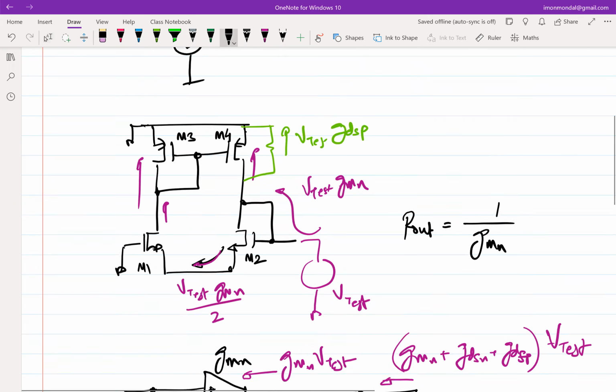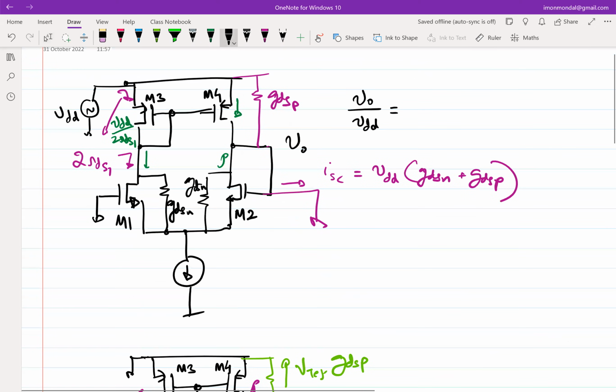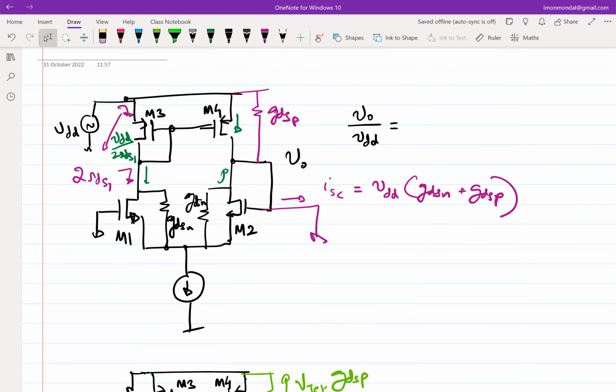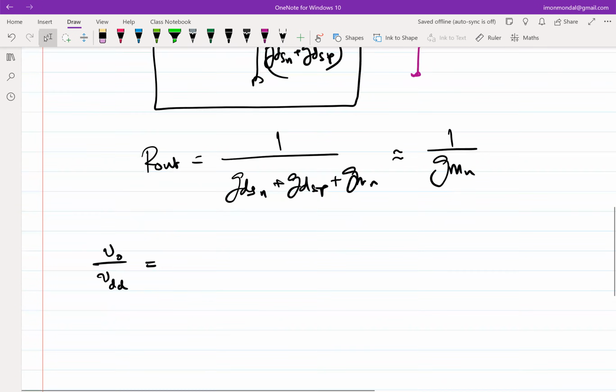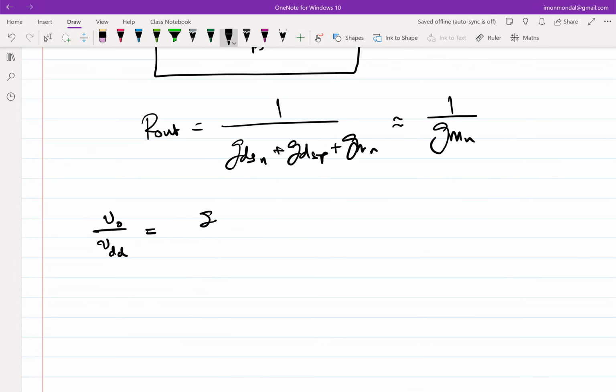Why is it in ISC? How come you are getting GMN? Sorry, GDS. Yeah, right. So you essentially get GDSP plus GDSN by GMN. This is equal to how much? This is basically 1 over the differential gain, right? Or the gain of the amplifier.